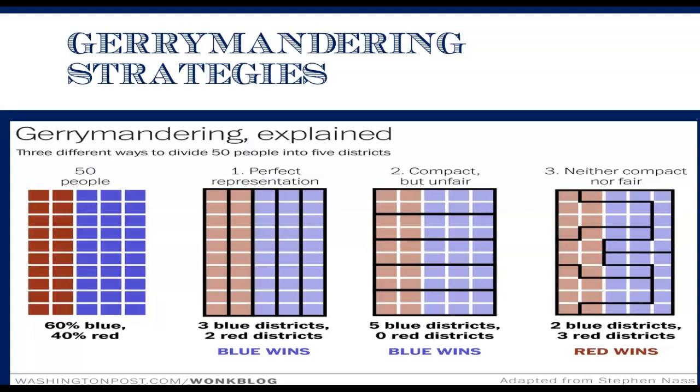Nothing is even. You have things spread out. So it's not really fair. It's not compact. But based on this random drawing of these lines, they were able to pack things in to where they made red win, even though the situation was exactly the same as in example 1 and 2. So that's gerrymandering.